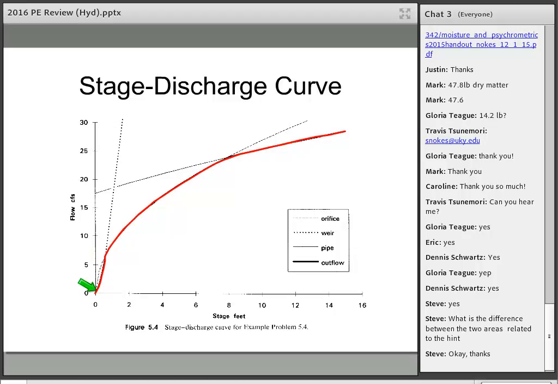It's going to start as weir because it's just kind of cascading over it. When it hits the orifice equation, it's going to take off on it. And then when it hits the pipe flow equation, it takes off on that one, because in those cases you can move a lot more water more efficiently with those. It's just the flow conditions transition in that order.